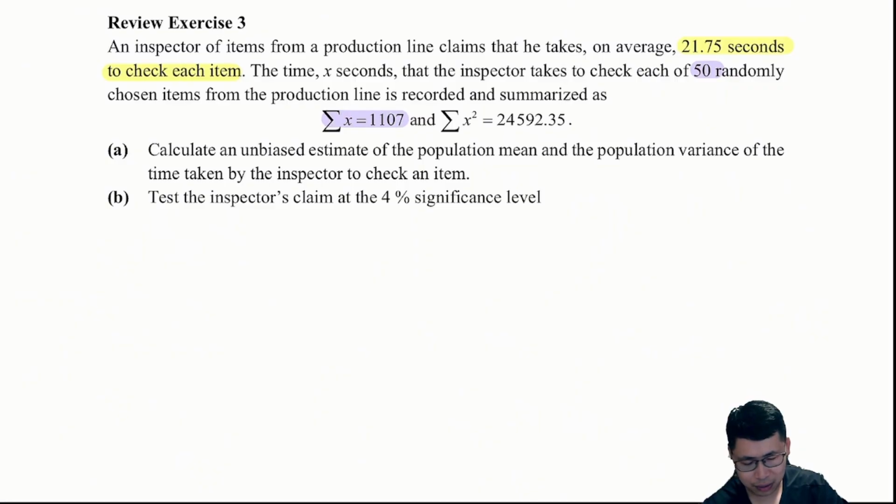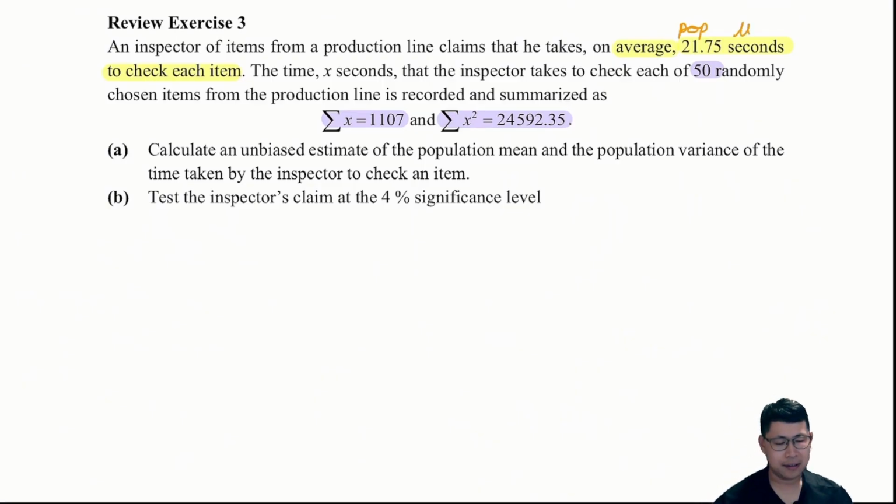Let's dissect this. On average 21.75 refers to the population average, the population mean, and this is our mu.